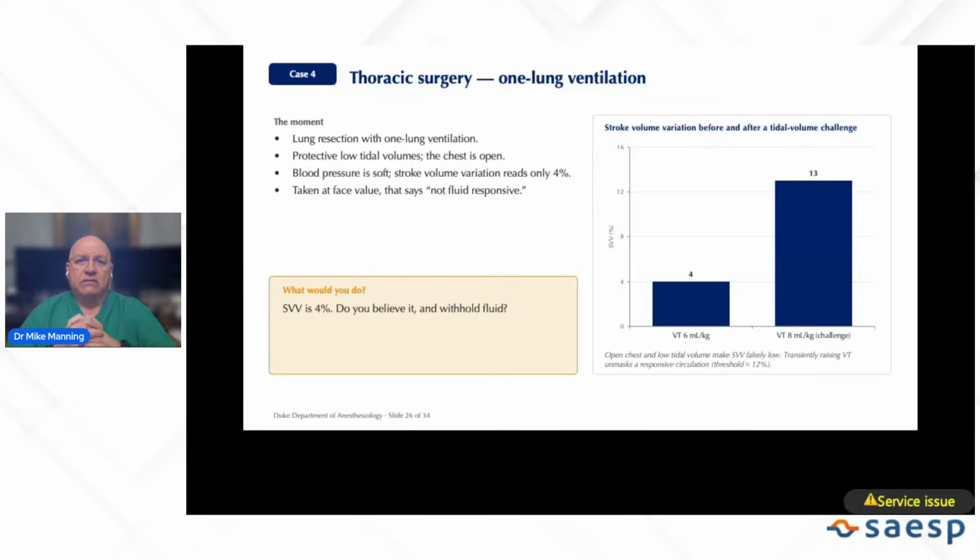So another case to show what this is capable of, we did a lung resection, and while we're lateral with one lung ventilation, using protective low tidal volumes with the chest open, low tidal volumes on the dependent lung, the blood pressure was starting to soften up and get a little hypotensive, and the stroke volume variation read only 4%. And so taking that at face value, this would be a case where you would say, I don't think fluid's going to be responsive.